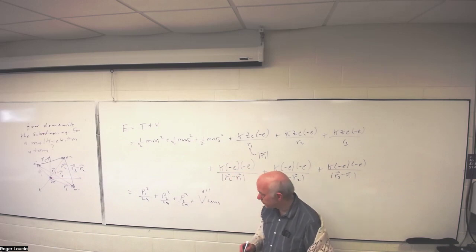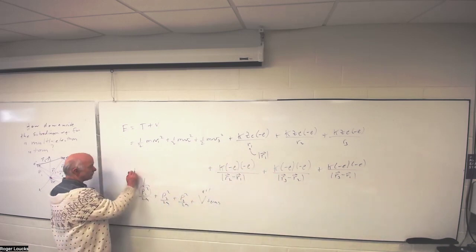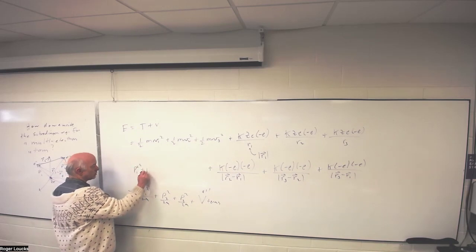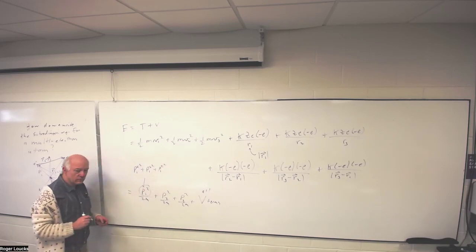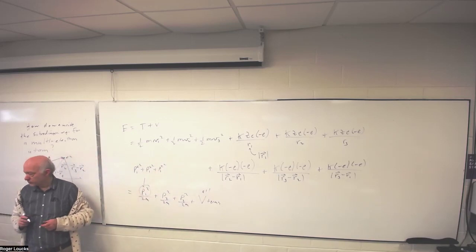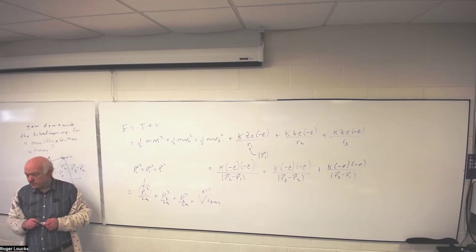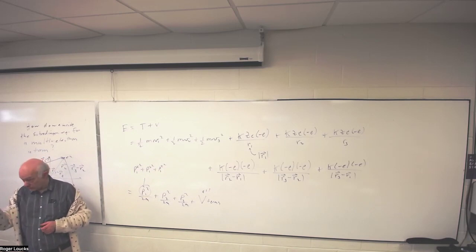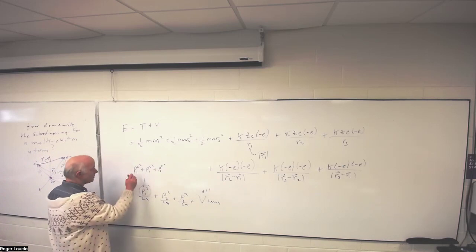This value P1 squared is P1x squared plus P1y squared plus P1z squared. What does that become when we quantize it?